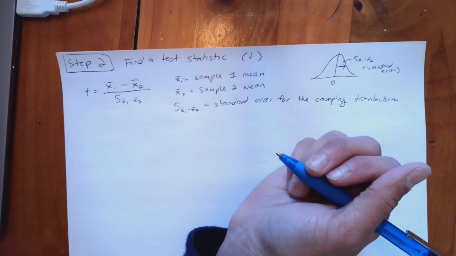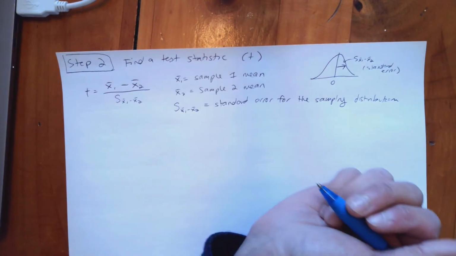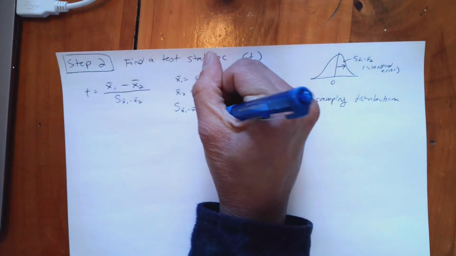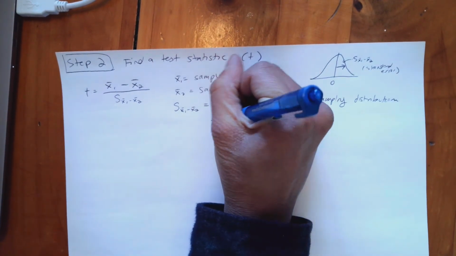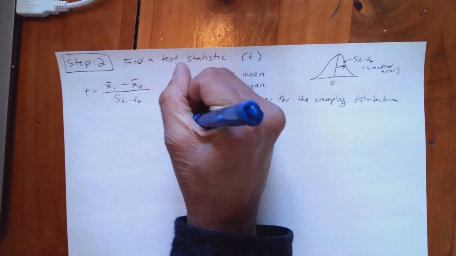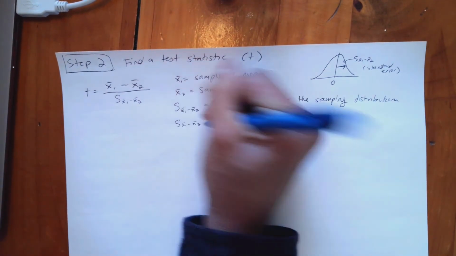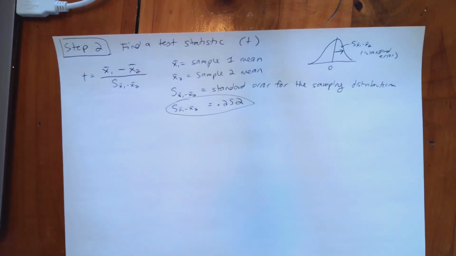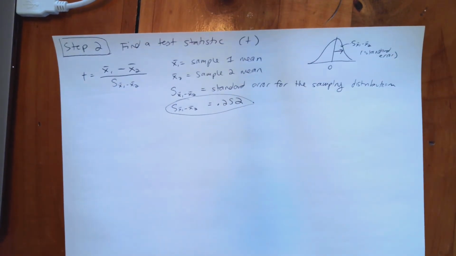And in this particular question, it happens to be equal to 0.252. So, for those of you trying to follow along with how I got all of these, I'll just say one more time.